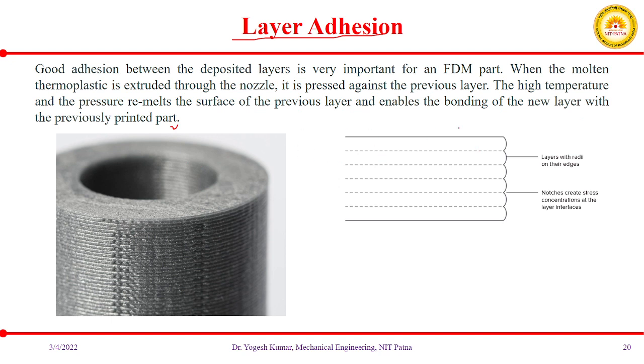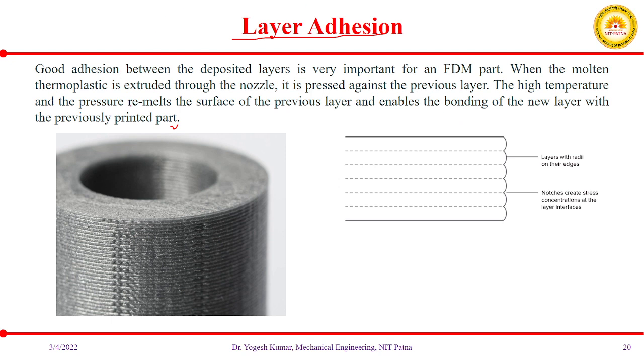If you have applied sufficient energy, the layer which is being printed gets adhered with the previously printed layer. So obviously this will remelt your previously printed layer to a certain extent.